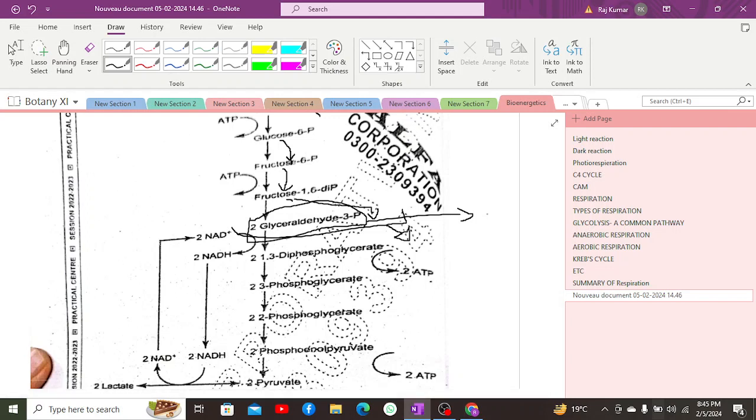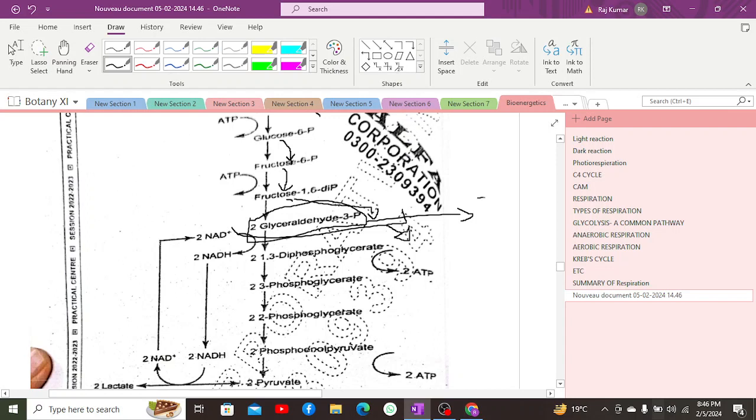Then the 1,3 bisphosphoglyceraldehyde will be converted into 1,3 bisphosphoglycerate, which means dehydrogenation will occur using an enzyme known as triose phosphate dehydrogenase. So this is the enzyme utilized over here.